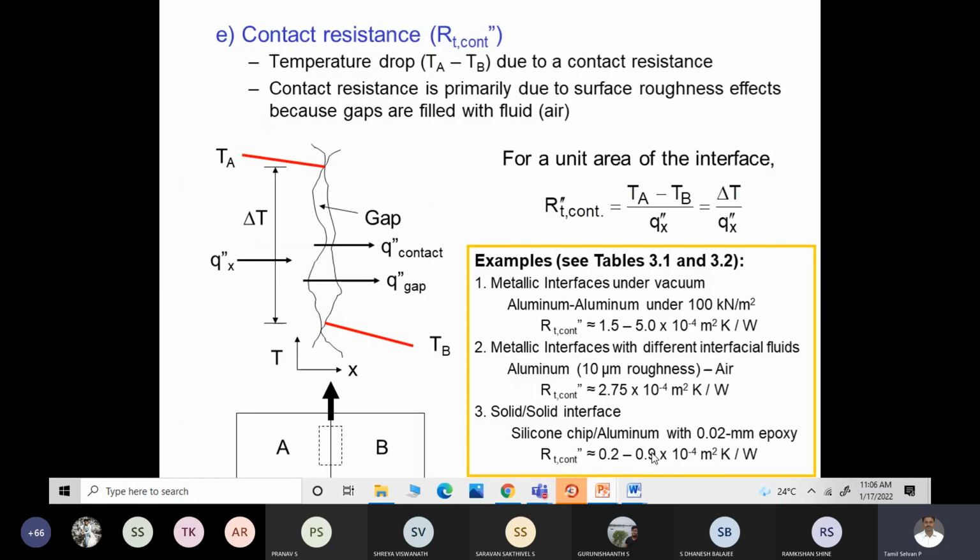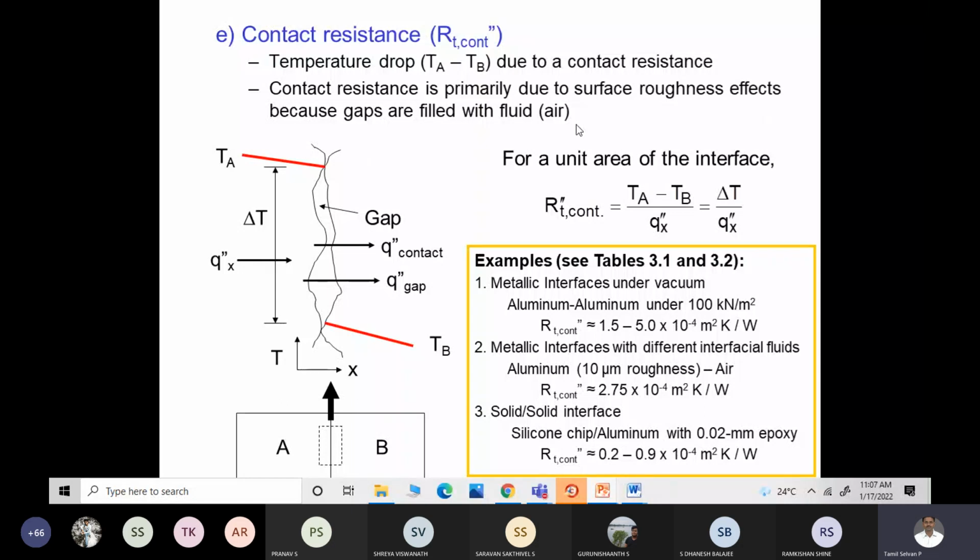When we talk about the furnace wall, if one layer and the other layer are not pasted properly, and you have air gaps or gaps like this, then the resistance changes abruptly. Contact resistance is primarily due to surface roughness effect, because the gaps are filled with fluid.